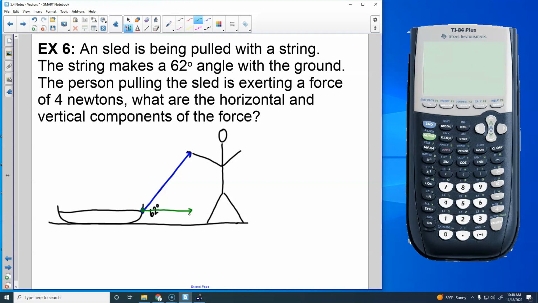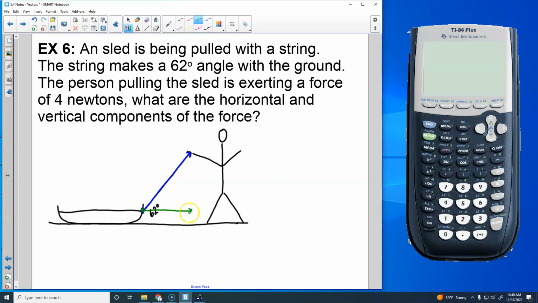Any upward force is just wasted, because it's pulling up on the sled. If it's a light sled, it's even going to pull the front of the sled up off the ground. So it's wasted energy. However, in order to pull with a completely horizontal force, you have to get down on the ground and crawl on your hands and knees, and that's also not going to be the most convenient.